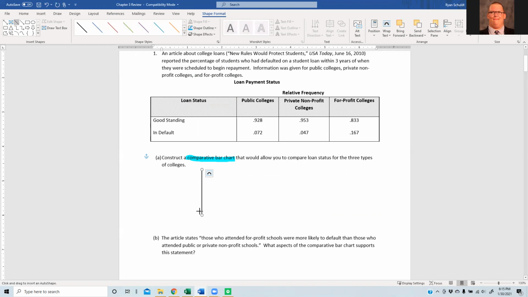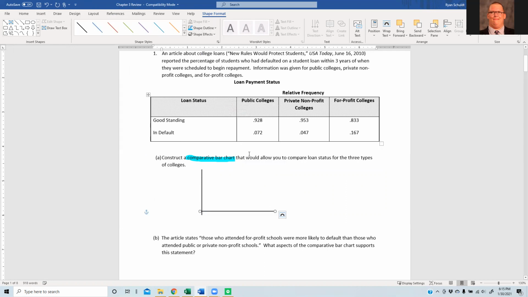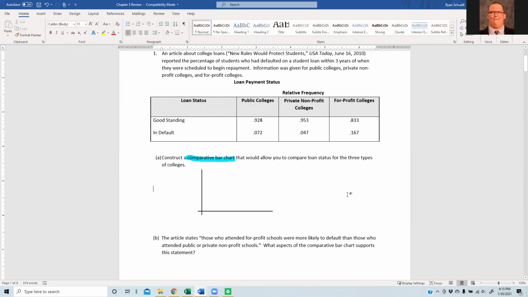There's our vertical, and here's our horizontal axis. Okay, so like I said, I'm going to do this by type of college.